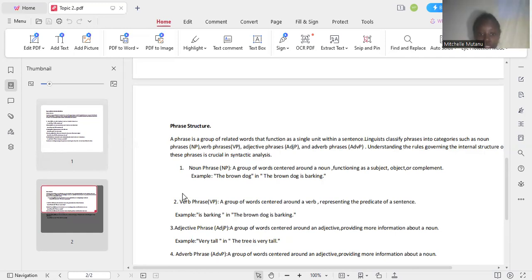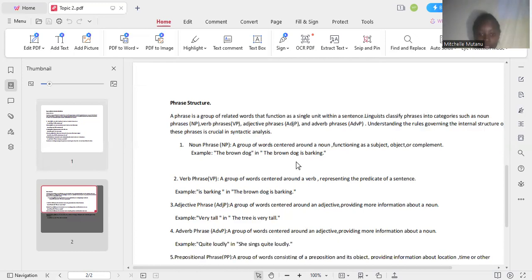A noun phrase is a group of words centered around a noun, functioning as a subject, object, or complement. Example, the brown dog is barking. So, in the sentence, the brown dog is barking, the brown dog is the noun phrase.